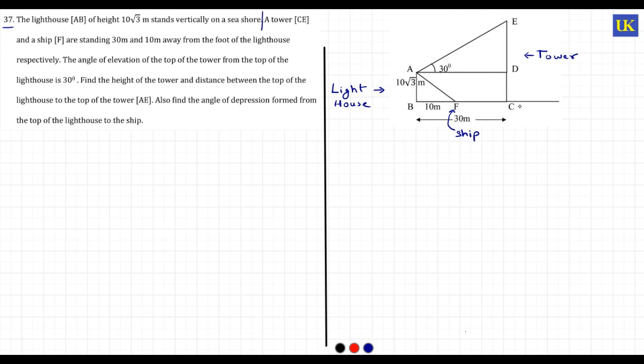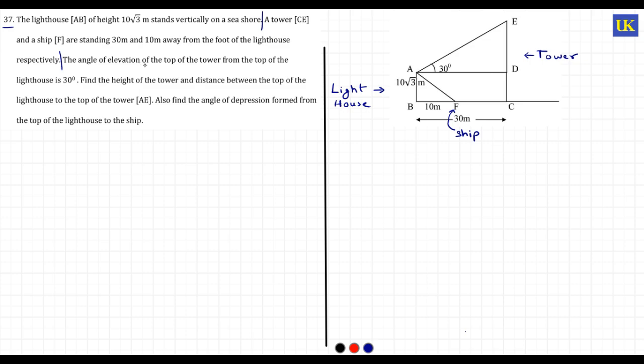The tower is at a distance of 30 meters, and there is one ship in between, point F. The ship is 10 meters away from the bottom of the lighthouse. So we understand till here.